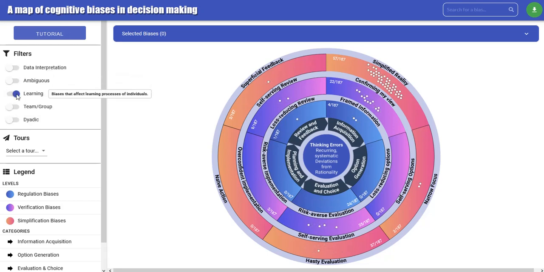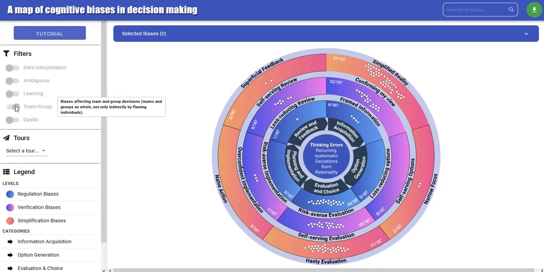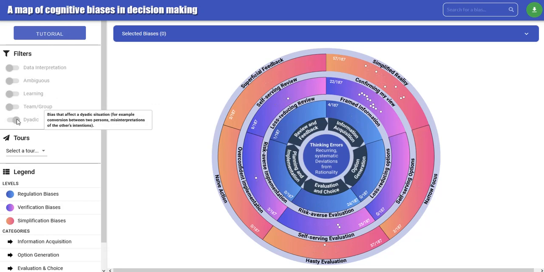Or learning biases, biases that affect the learning processes of individuals. Or specific biases for team and group decisions, which happen in team and group decisions. And also the 5th filter, biases that happen in the interaction of 2 people, leading to misinterpretations of potential intentions, for example. This is one way of looking closer into this map of biases.